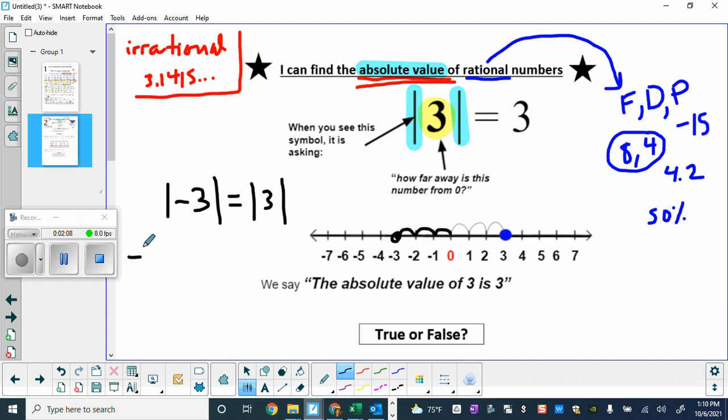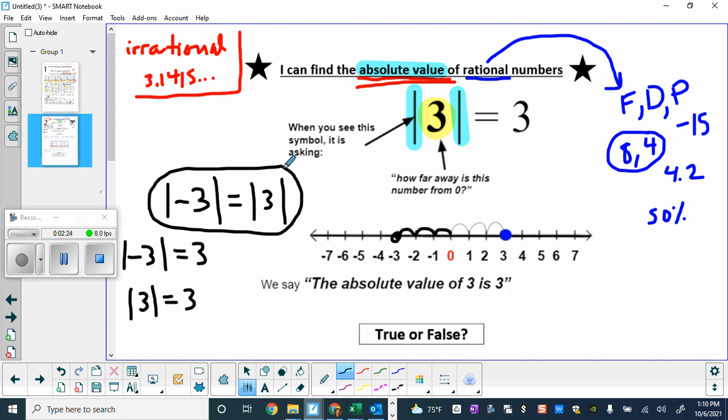If I want to know how far away is 3 from 0, the symbols around the line, you could straight up just tell me 3 spaces away. If I want to know how far away is positive 3, you would just straight up tell me 3 spaces away. And since these both are the same, I can say that they equal each other. Okay? Now, absolute value also works with decimals. I could ask you, how far away is the number 2.5 from 0?